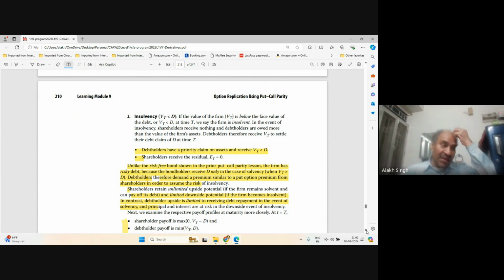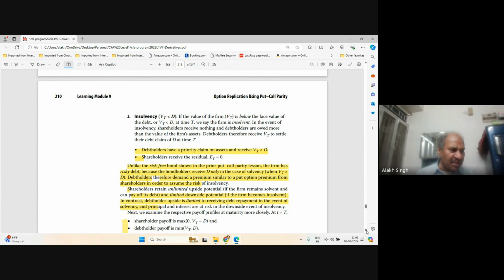So what has happened to the debt holders? Their debt is not risk free. Whatever they have lent, they may not receive it if the company closes in a bad situation and its scrap value is less than D, they may not receive the D. So in that case, they need to be compensated. So how will they be compensated? They will sell something. Now, what will they sell?